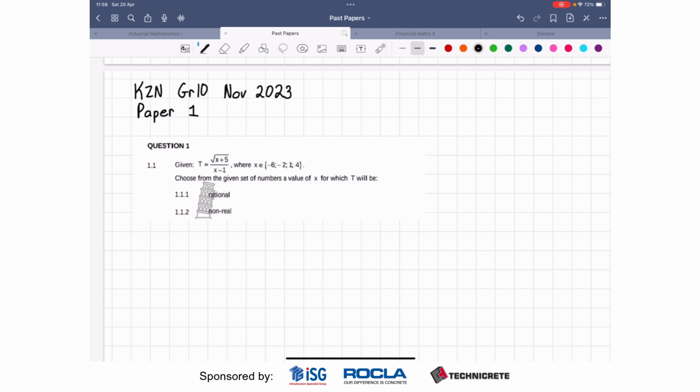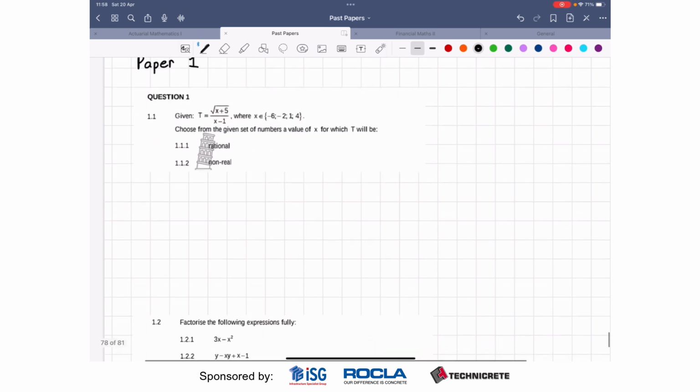And then in the question, we're asked to give, from the set of numbers, a value of x which will satisfy these two things. So for the first one, we want the values of x out of these numbers which will give us a rational expression for t.